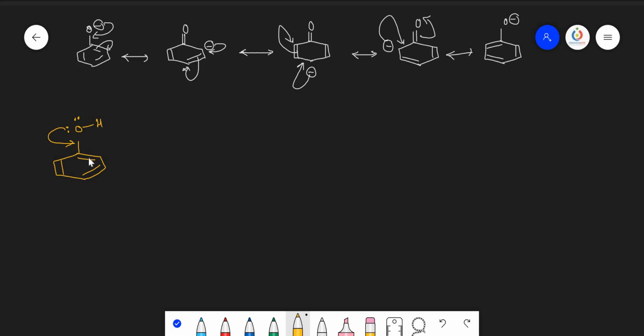So this lone pair of electrons participates in the resonance. Negative charge, it comes over here, again shifts over there. It goes like this.